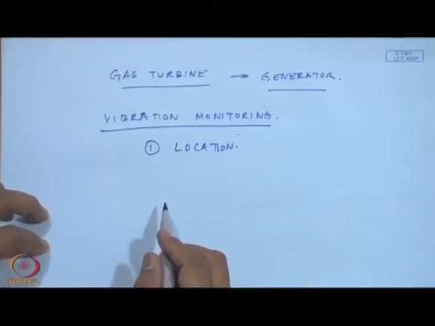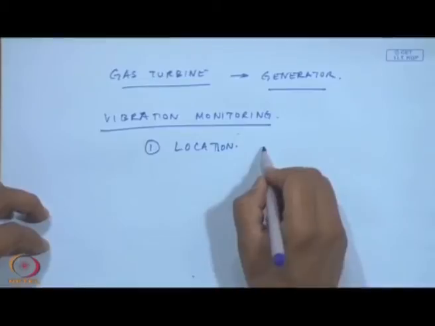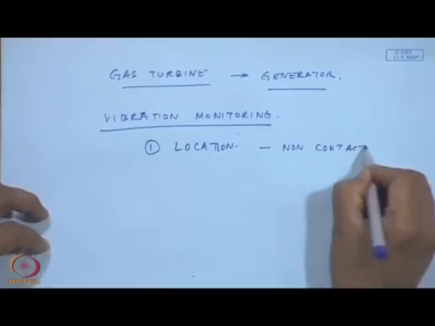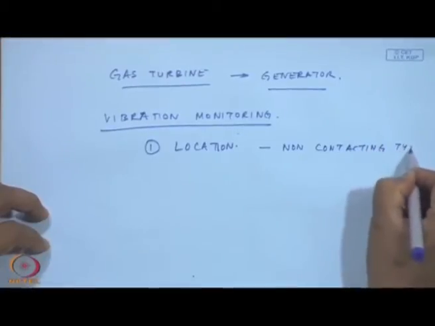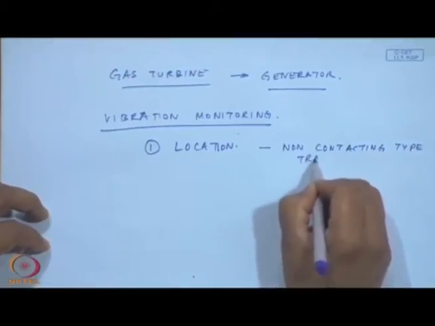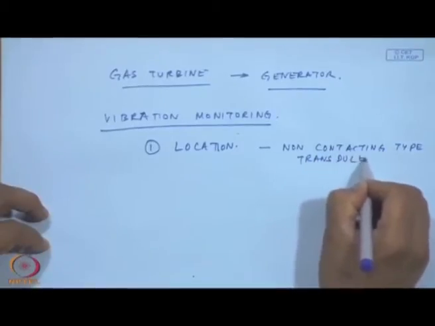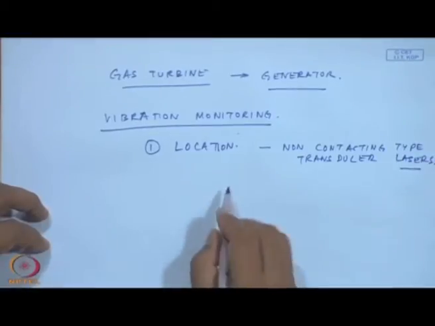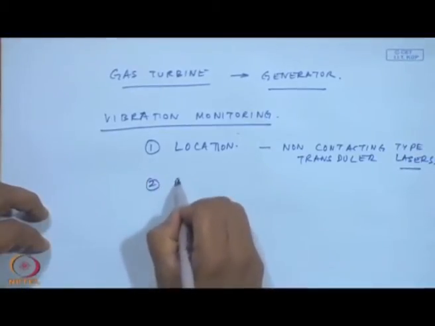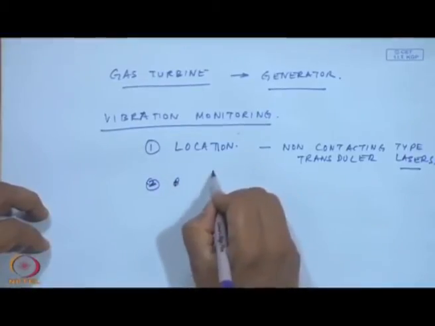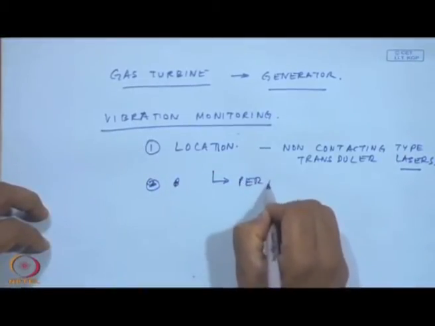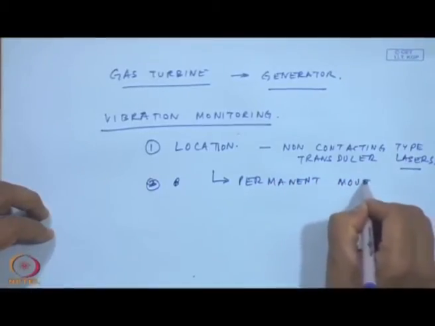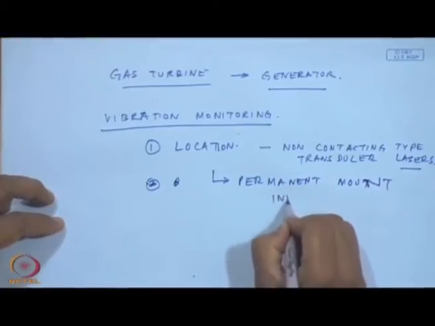In that case, we have to use what is known as a non-contacting type transducer, like lasers, but for permanent mount, we can put an industrial accelerometer.